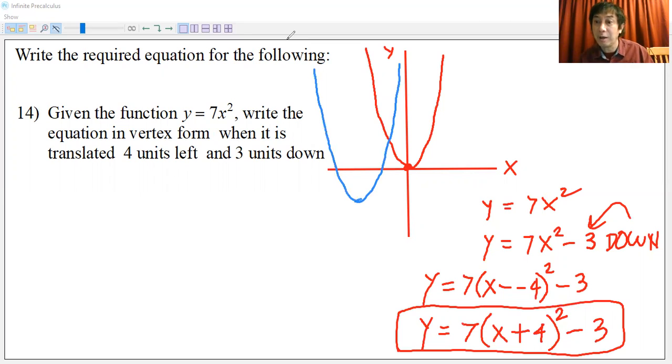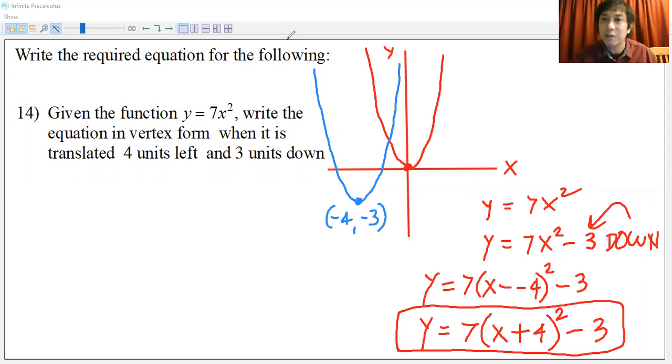Down by 3 and to the left by 4. So the vertex is at negative 4, negative 3. That's why this is the vertex form. That's a minus negative 4 and then plus a negative 3.